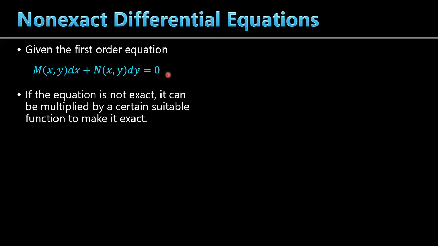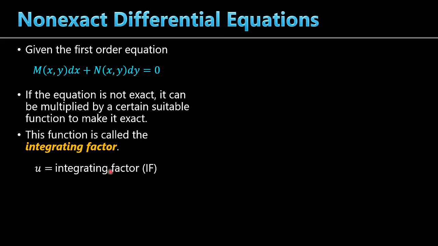Now, if that is the case, if the equation is not exact, it can be multiplied by a certain suitable function in order to make it exact. So ngayon, ang goal natin is hanapin yung function na kinakailangan nating i-multiply dun sa given DE para siya ay maging exact. And that function is called the integrating factor. So u is our integrating factor, could be a function of x or a function of y.